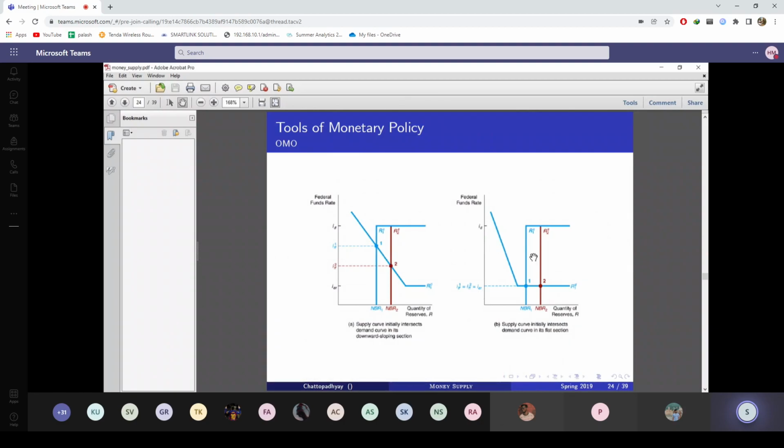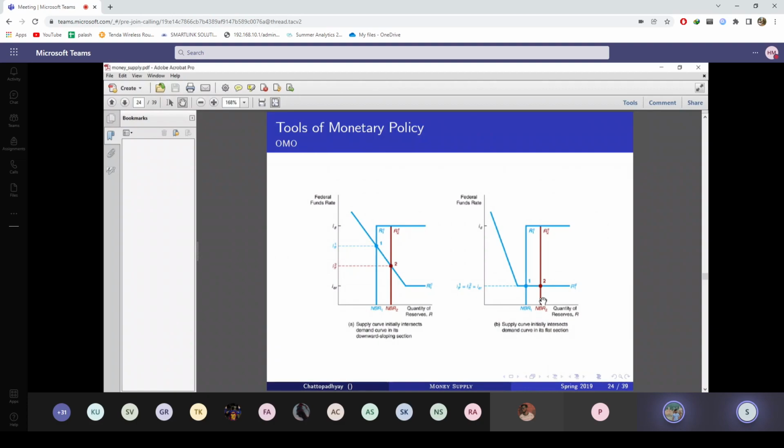As usual, the reserve supply curve shifts from RSS1 to RSS2. Where is the market equilibrium now? At point 2. What is the market clearing interest rate? IER. So IFF2 is also IER. So there is no change in the market clearing interest rate, but there is a rise in NBR, right?